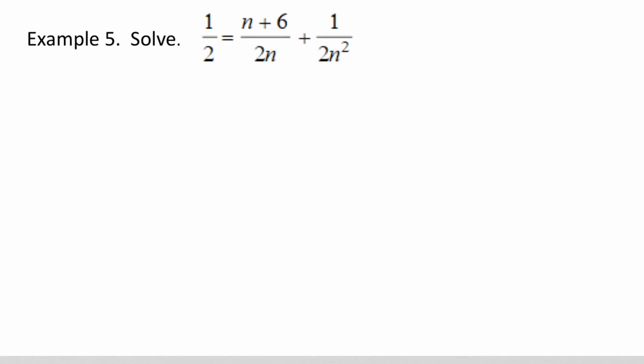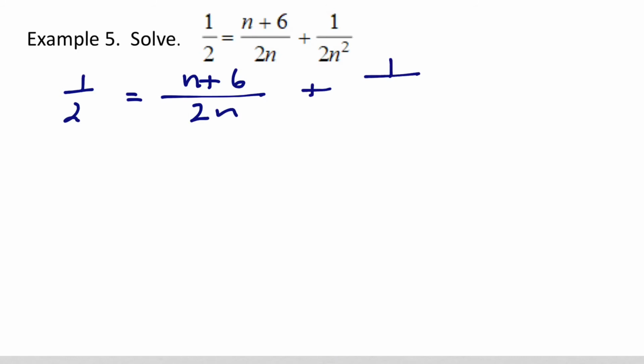Okay, here's another problem. So this one doesn't need to be factored. So let's just spread this out a little bit here so we have some room. All right, so what I've got in the denominator here, 2, 2n, and 2n squared.